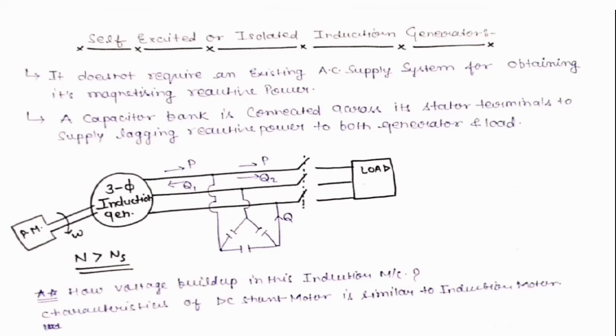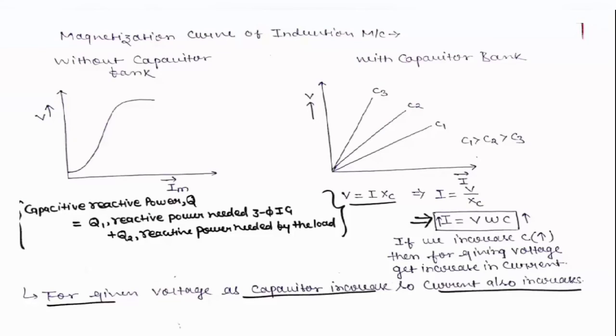The main important point of this induction generator is how the voltage builds up in this induction machine. It follows the same way as a DC shunt generator, similar to this type of induction machine. So here you see how the isolated induction generator builds up the voltage.